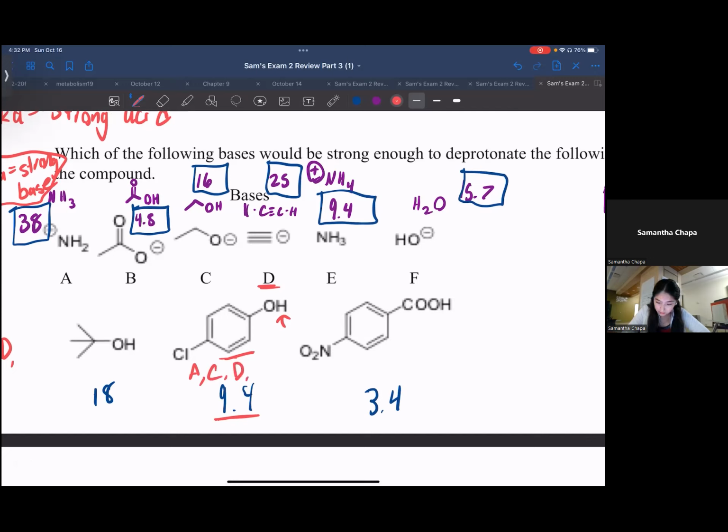D will be able to. And if they have equivalent pKa's, they're going to be in equilibrium, deprotonating and protonating. So you can count the ones that are the same as being able to deprotonate. And then the last one, F, is able to as well.